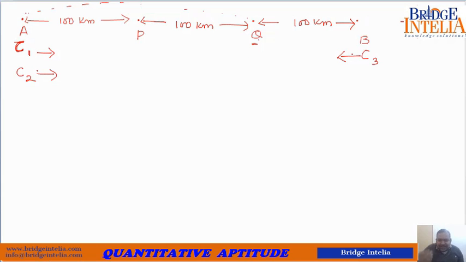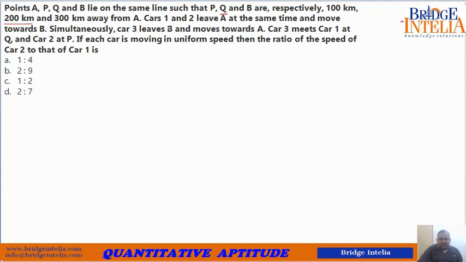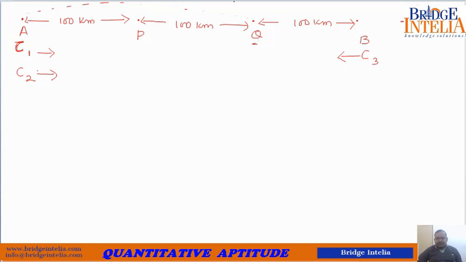Now we have data about when the meeting of cars takes place. As per the given question, all the three cars start together, and it is given that car 3 meets car 1 at Q. So car 3 and car 1 have met here.